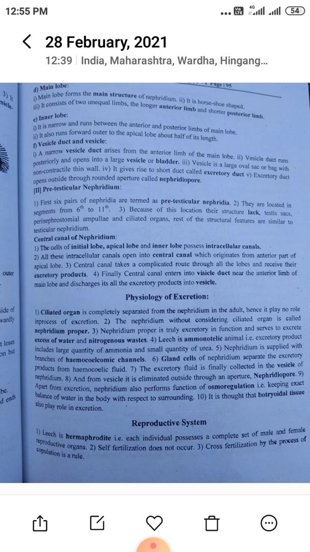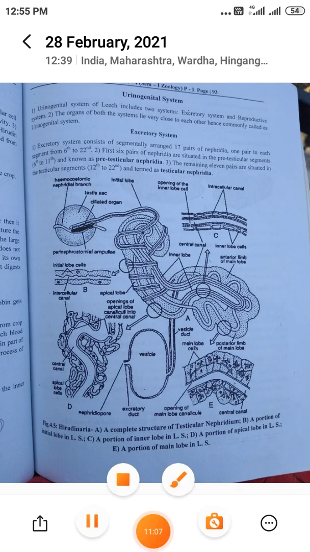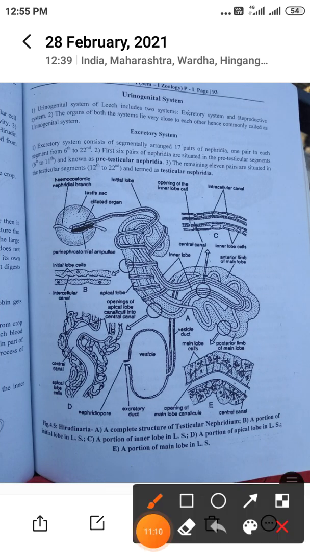Finally, the central canal enters the vesicle duct near the anterior limb of the main lobe and discharges all its excretory products into the vesicle. All excretory products start from the initial lobe and move towards the vesicle, and the central canal and intracellular canals help transfer these excretory products.